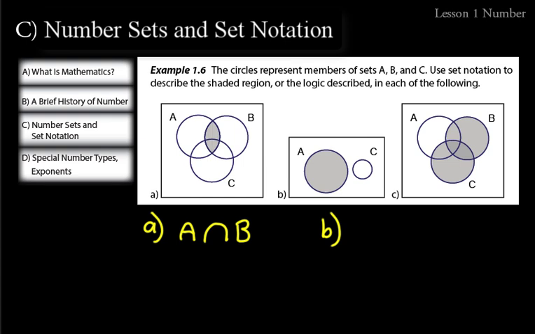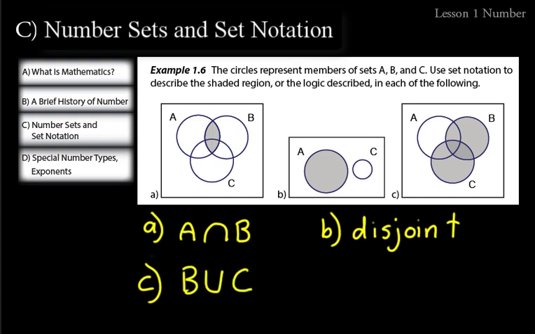So we'd say that these are disjoint, so we could just write that. There's actually nothing represented. They're separate sets, disjoint sets is how we describe that. And then C, we see how B and C are shaded there. So everything in B, everything in C is shaded, so that represents the union of B and C.